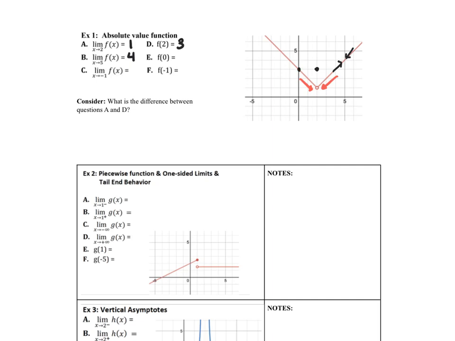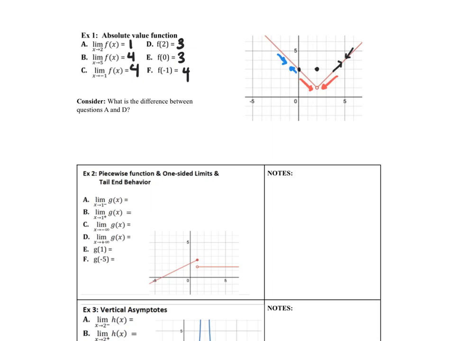It's this point right here, so it's also 3. We can look at the limit as x approaches -1 from the right, from the left, and in both cases your y value is approaching 4, and f of -1 is 4.